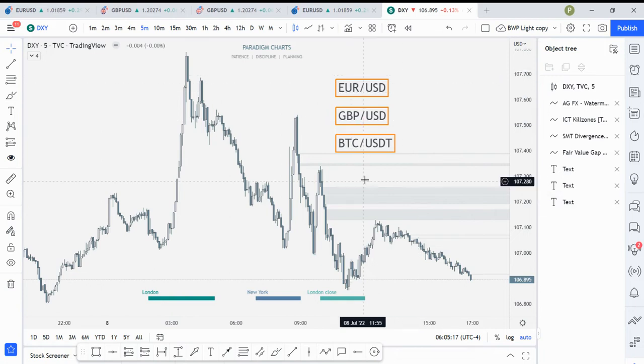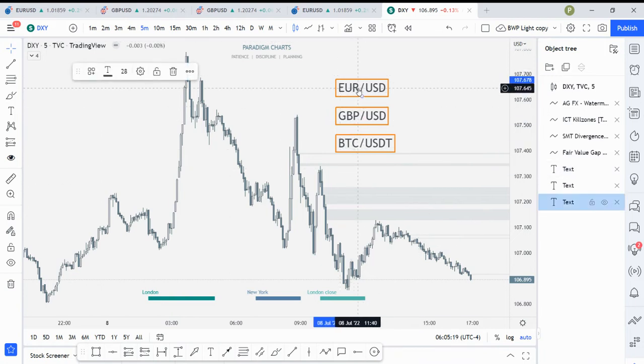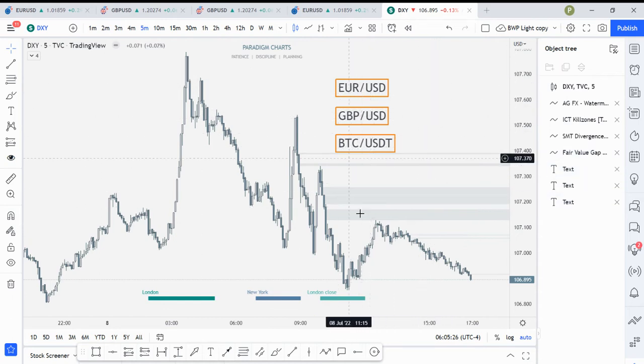Let me just type that out. So these are currency pairs: Euro USD, GBP USD, BTC USDT.